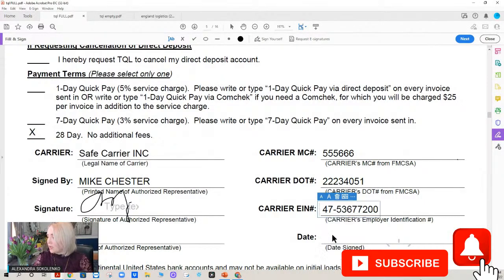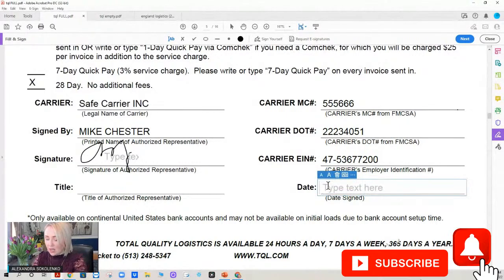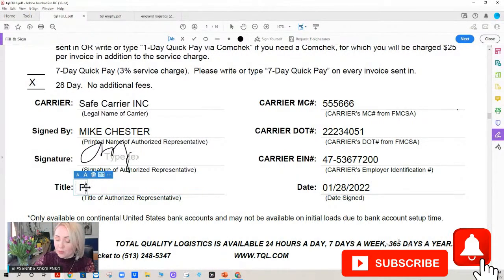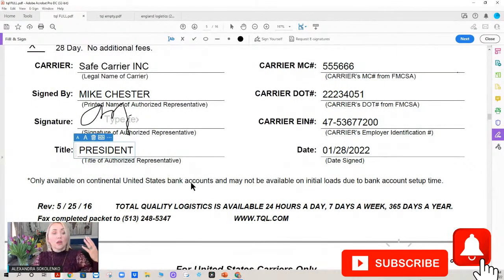Whatever, let's say this, his MC. Date signed, again, 28, 2022. I am not going to be repeating this on the next page because, guys, you should already understand that the information is going to be repetitive. Are we good on this?